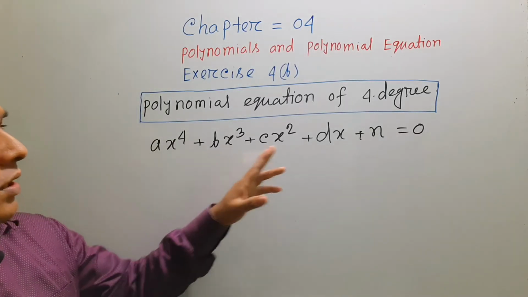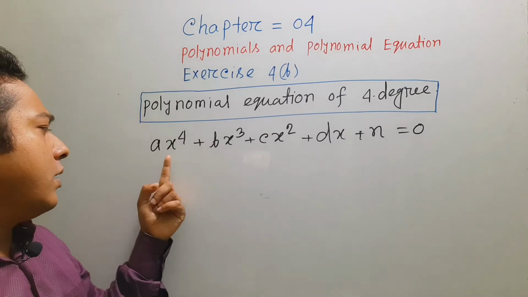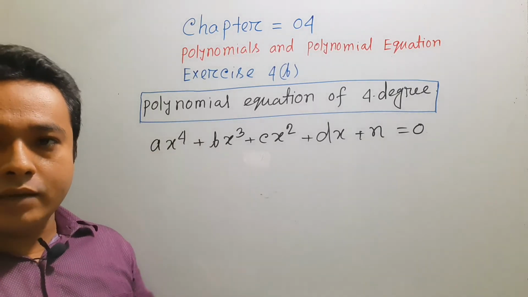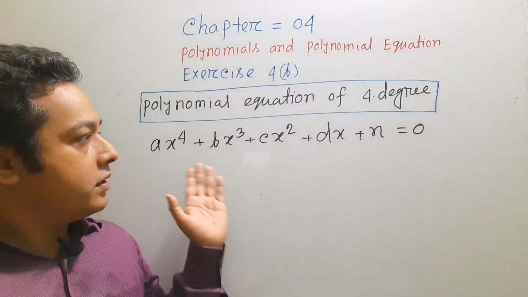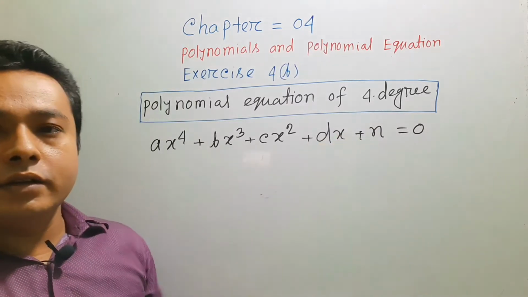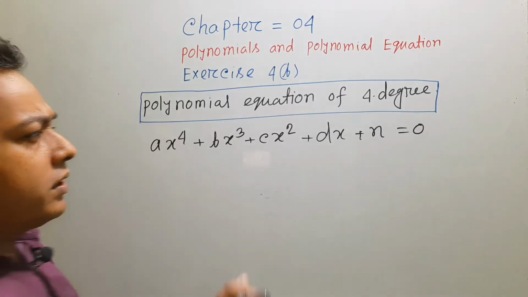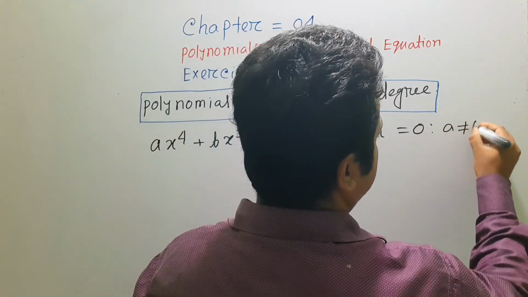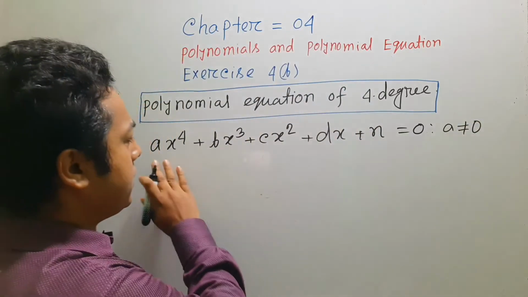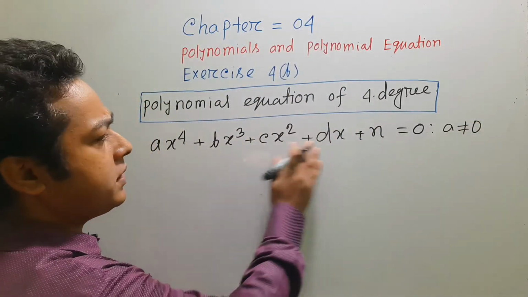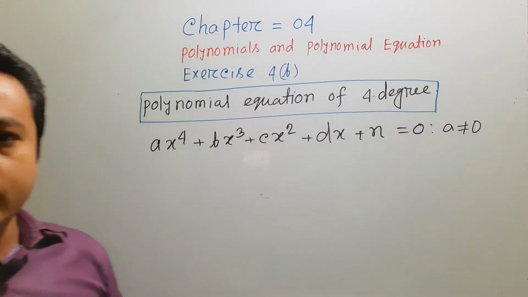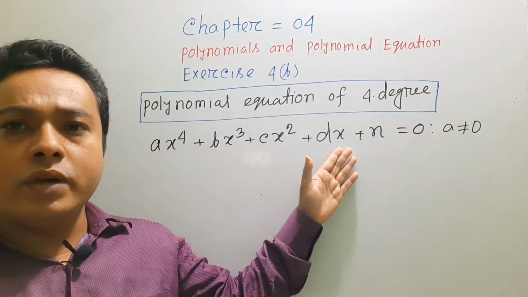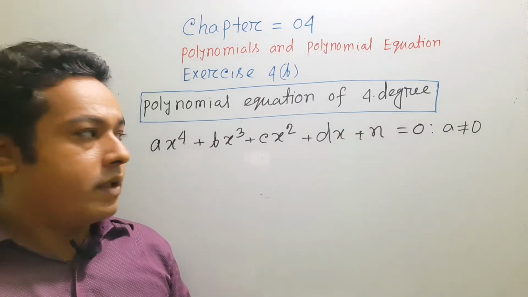The highest degree is 4, and this coefficient is a. If this is 0, then this is not a polynomial of degree 4. That's why the condition will be a is not equal to 0, and the other coefficients b, c, d and e you can take as any real number. Then this equation will be a polynomial of 4th degree.